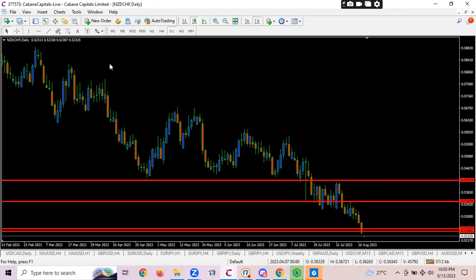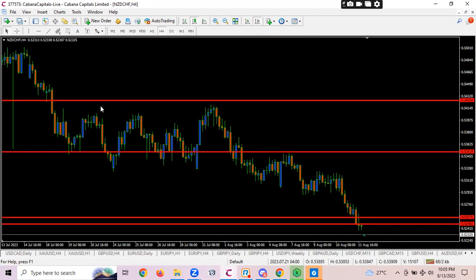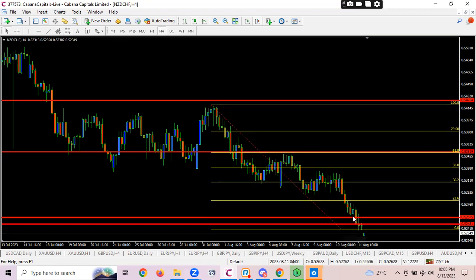You could apply your Fibonacci from this swing high, or let's go to 4 hour. You could apply Fibonacci from this swing high to this swing low. So if you see price pull back to level 50, 61.8 or 79.